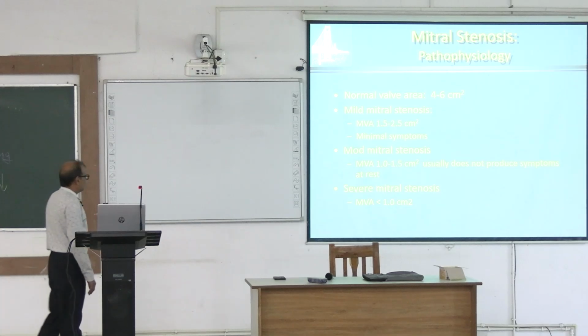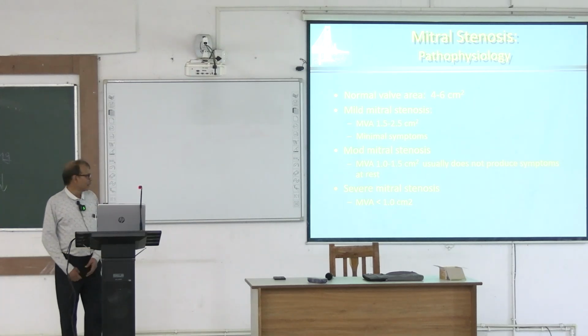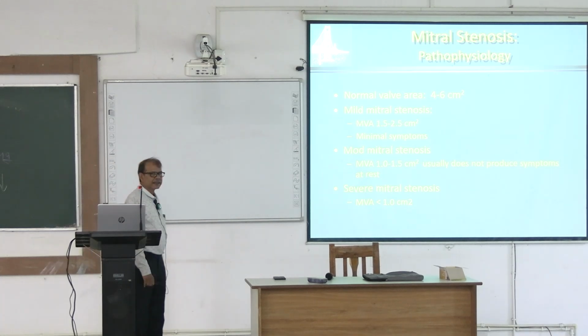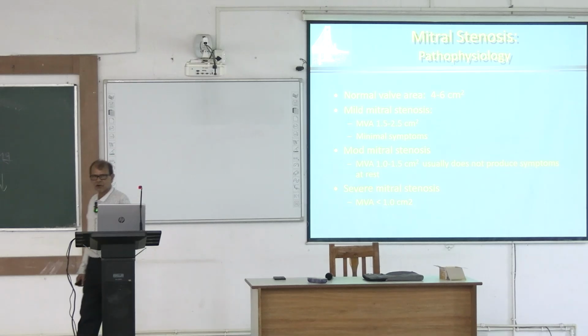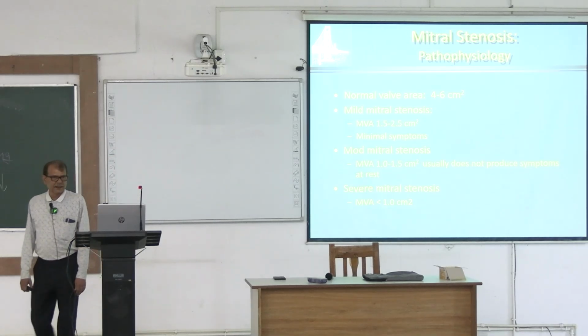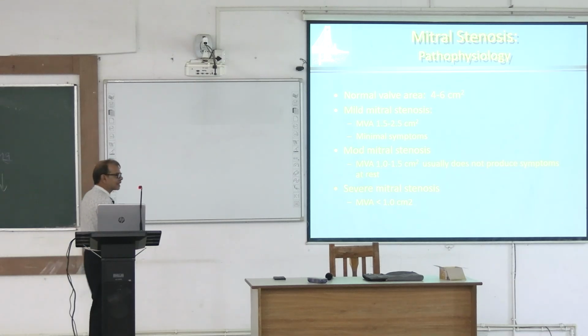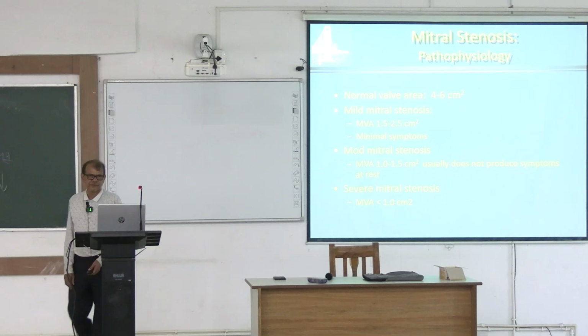Third, moderate mitral stenosis, mitral valve orifice area 1 to 1.5 square centimeter, usually asymptomatic, but may be symptomatic on exertion or exercise. And third, the severe degree of mitral stenosis, mitral valve orifice area less than 1 square centimeter.